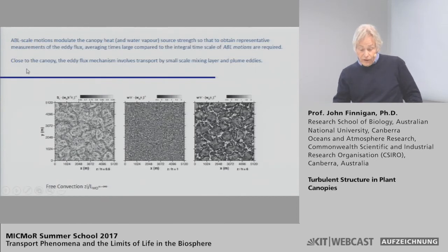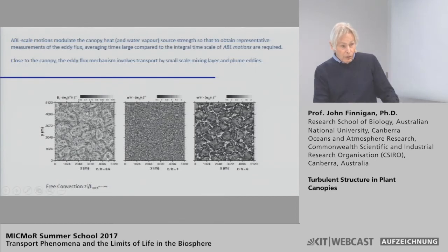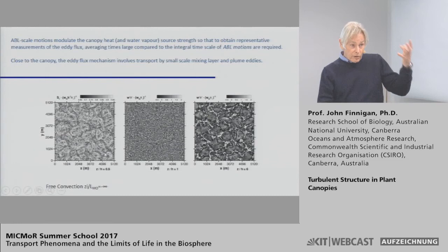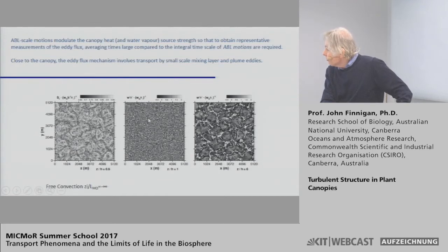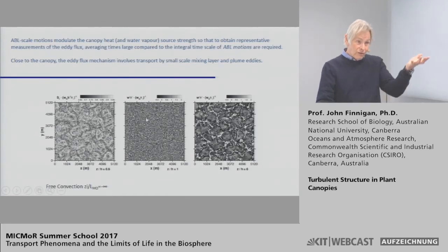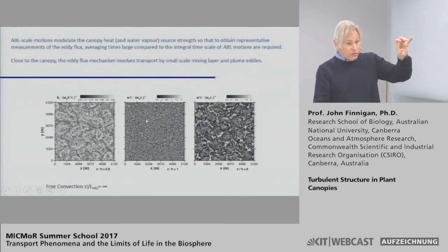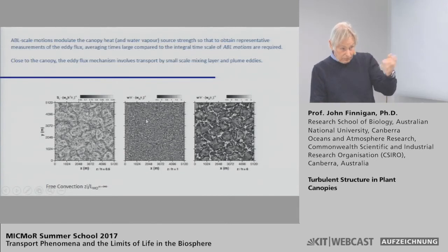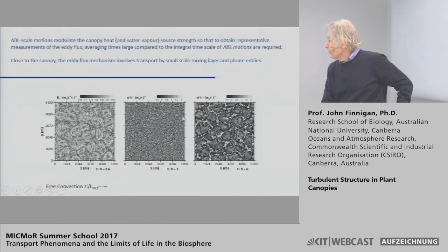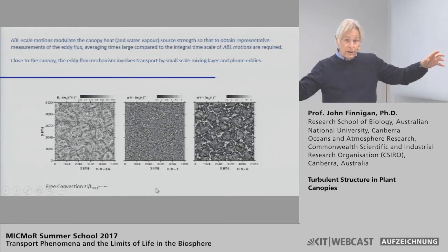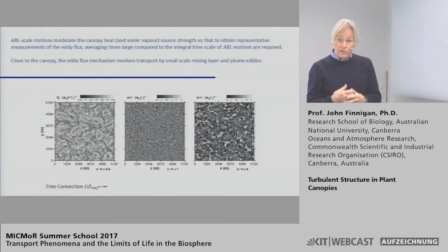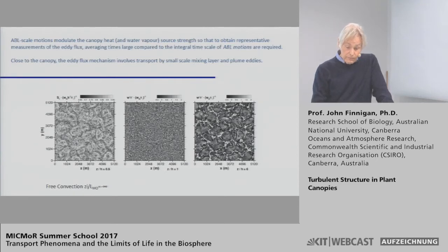So the source itself bears the imprint of the large scale structures because it's bringing cold air down, or increasing or decreasing the canopy source. The turbulence doing the transfer, taking that stuff up into the air above, is still this fine scale structure, mixing layers and canopy plumes, until it gets up to about 6 times the canopy height, when it's now got organized into the large scale stuff in the boundary layer above.